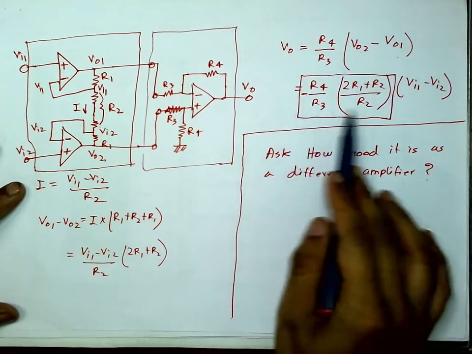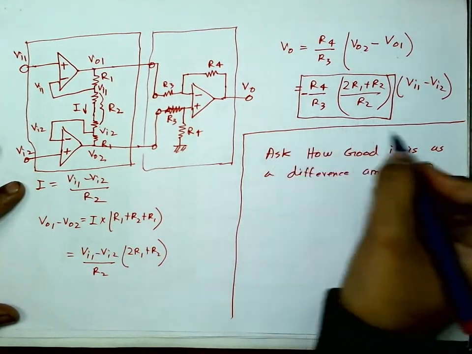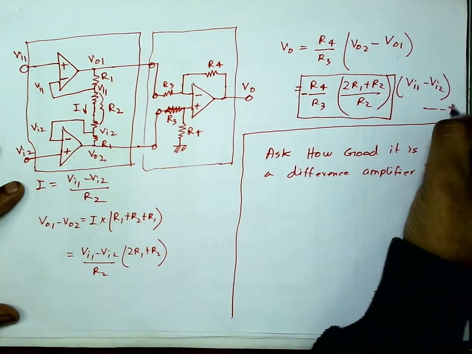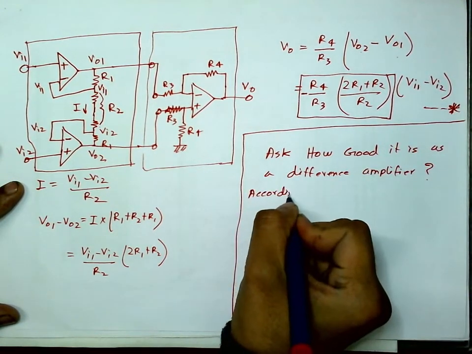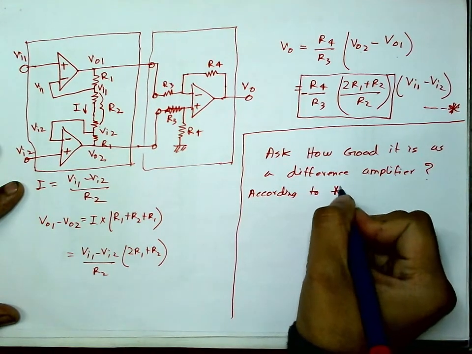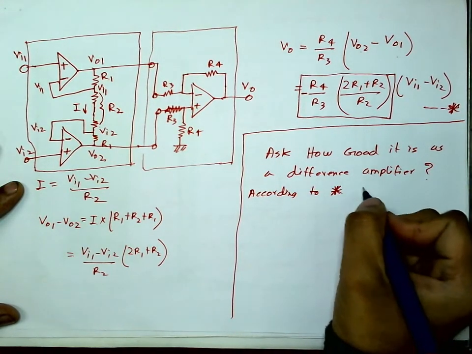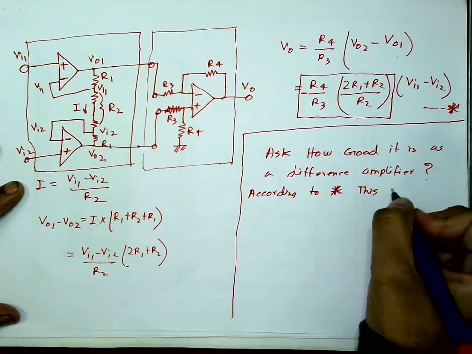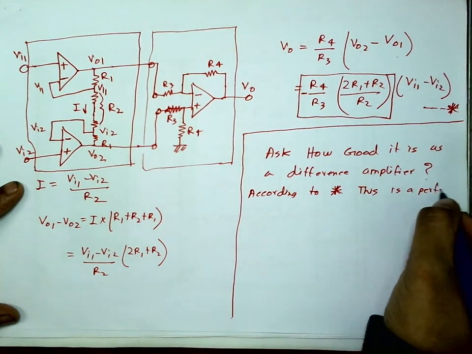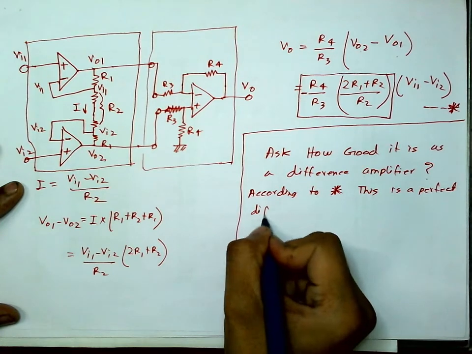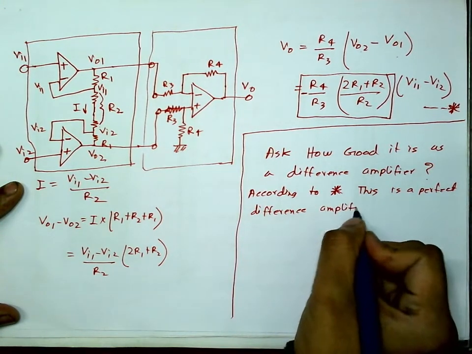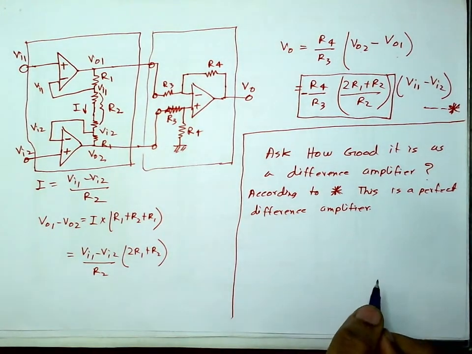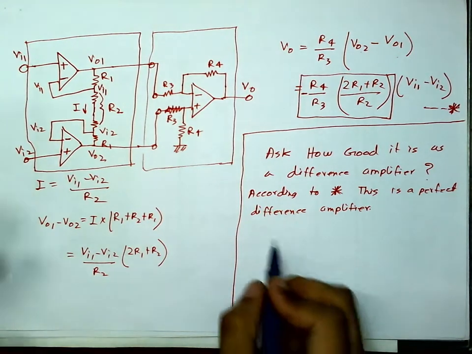As we have seen in this equation, let me call this star, according to star, this is a perfect difference amplifier. Okay, but in practice it won't be.